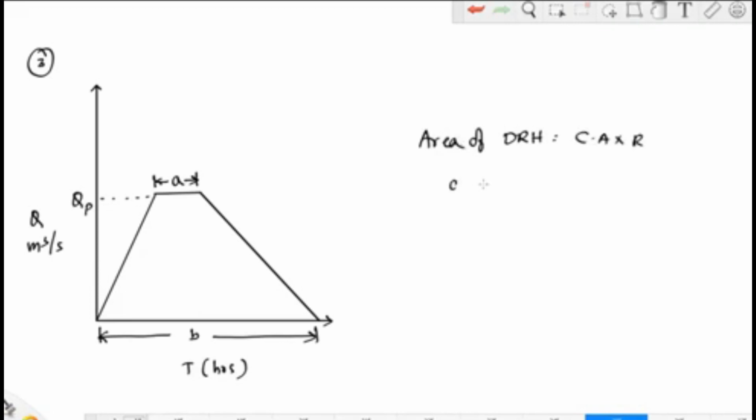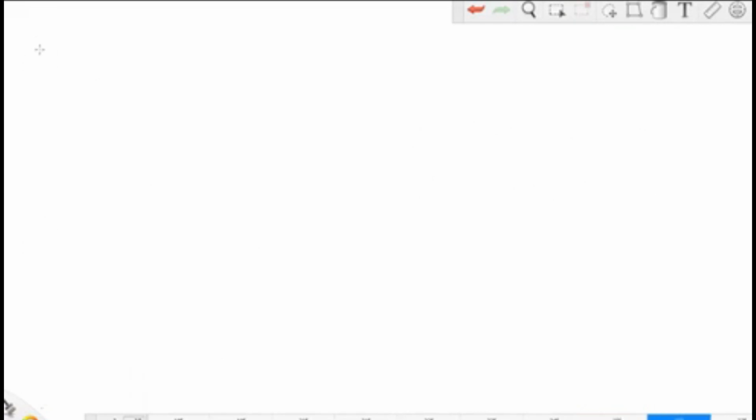Area of DRH you can take A plus B divided by 2 into your QP, that is equal to catchment area into runoff depth. So these are the three cases: triangle, delta T same, and trapezoidal. So one more case you will get, fourth one, that is delta T different.